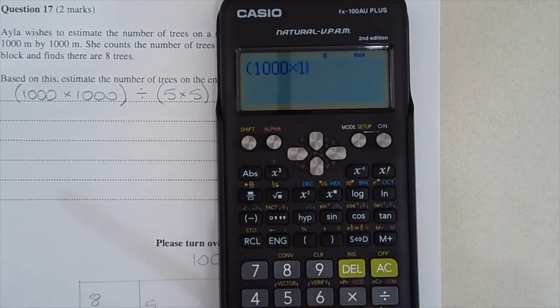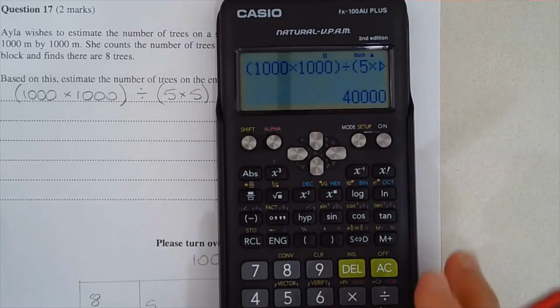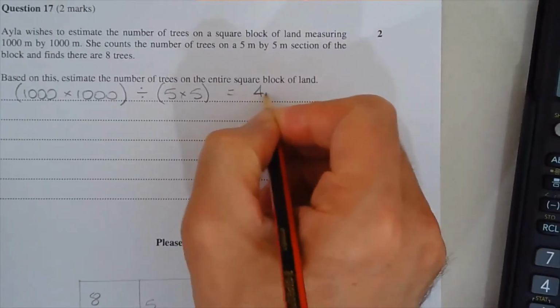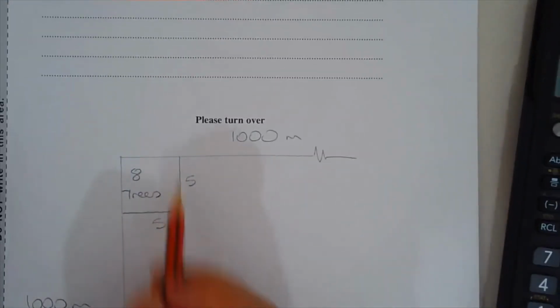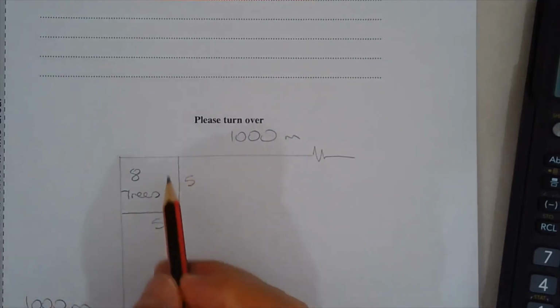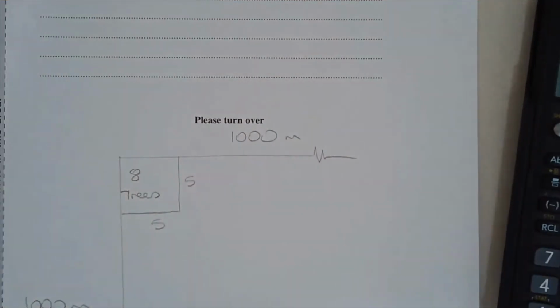So 1,000 times 1,000 divided by 5 times 5 gives 40,000. So 40,000 of these small 5 by 5 squares will fit in 1,000 meters by 1,000 meters. That's a square kilometre, a very large tract of land.